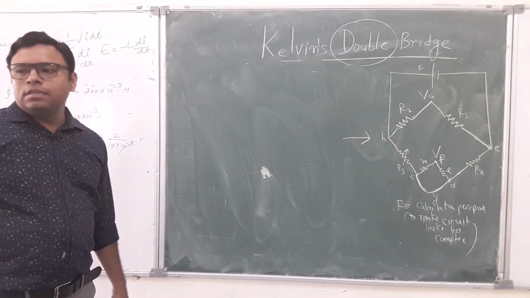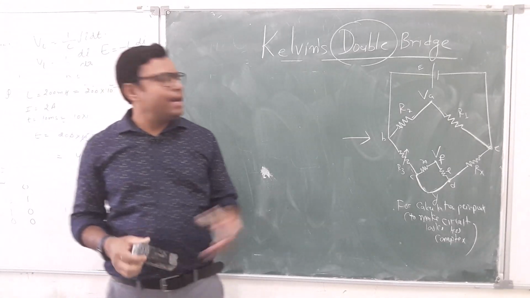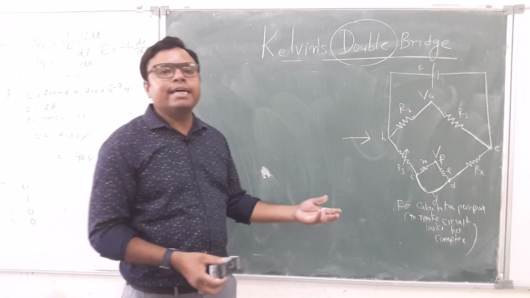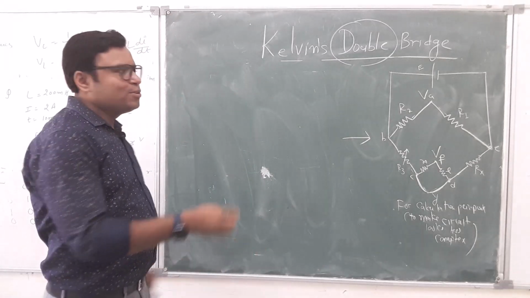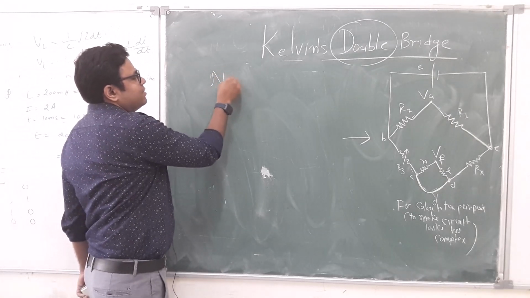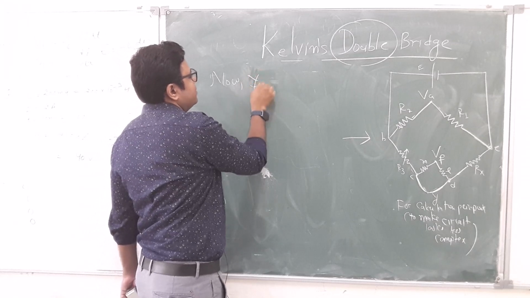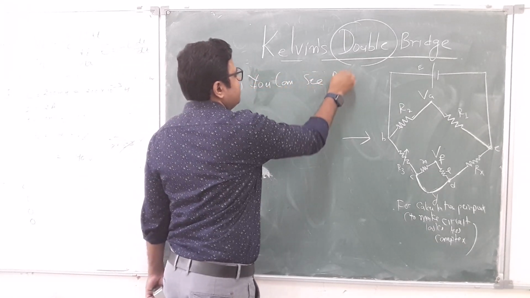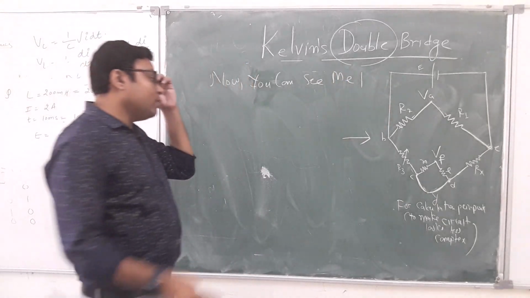Now this is a parallel circuit. See what I want to show. Now you can see me. So the bridge circuit says, have you seen this movie? No. Now you can see me. So how will you see?